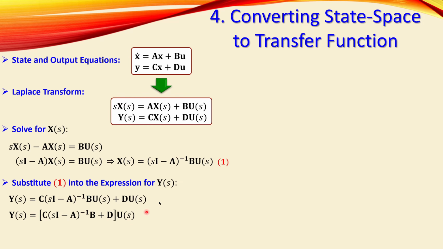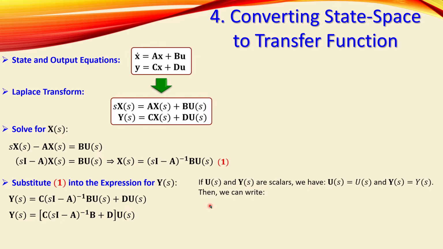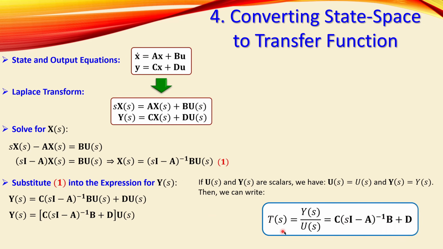Now we know u is our input and y is our output, so we need to have output over input. If u and y are scalars, for example, which could be the case, they don't have to be vectors, then we can say y over u, which is our transfer function, is given by this expression.